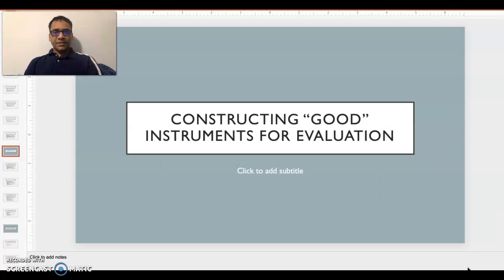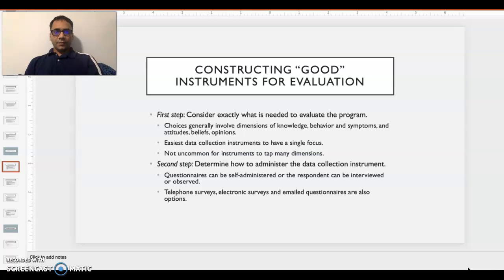In this presentation, we'll be looking at constructing a good instrument for evaluation and also how to develop an instrument for evaluation. So the first step to consider is that we need to find what exactly we need to evaluate in our program.